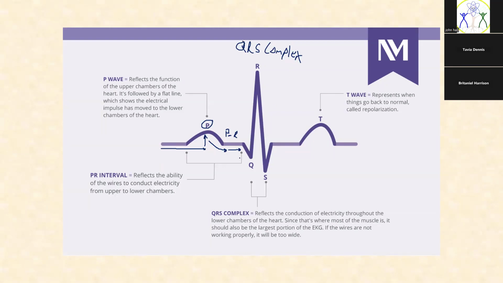All right, QRS complex. This is only for the ventricles. When the QRS complex is showing, the ventricles are contracting. All you can see are the ventricles contracting. Now, while the ventricles are contracting, the atria are relaxing, okay? But you can't tell because the QRS overshadows whatever the ventricles are doing, right?